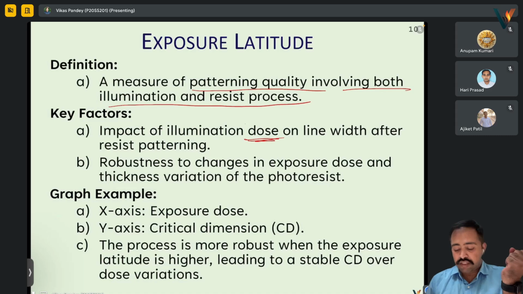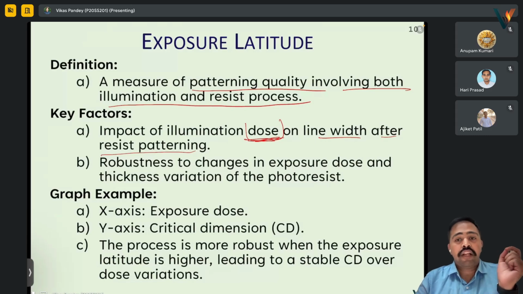The first one is the dose, which will have some effect on line width after resist patterning, and then some tolerance or robustness to change in this exposure dose and thickness variation.